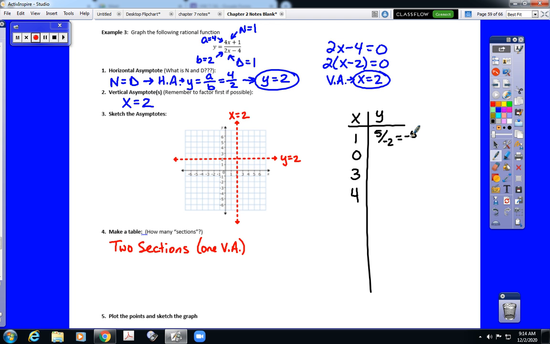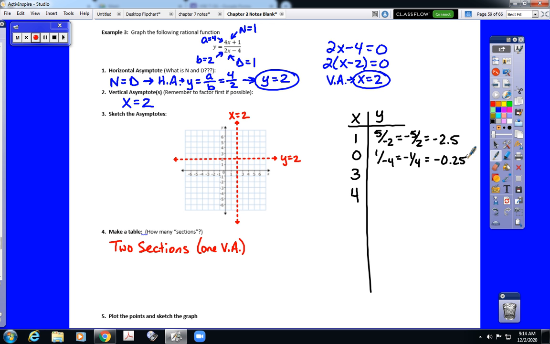So that'd be negative 5 halves, or negative 2.5 if you have trouble graphing improper fractions. When I plug in 0, I have 4 times 0 plus 1 is 1. 2 times 0 is 0, minus 4 is negative 4. So that would be negative 1/4, or negative 0.25.